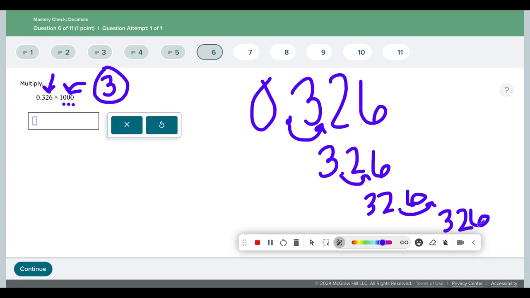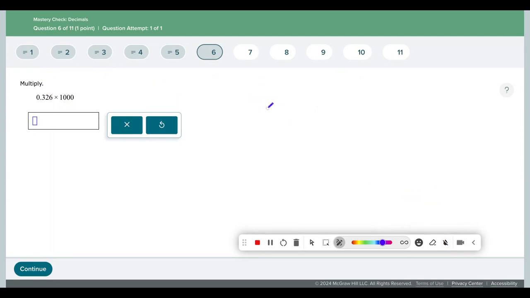Do you notice my number is getting bigger? I had nothing on my whole number side, then I had a 3, then 32, now I have 326. So moving it to the right definitely makes my number bigger overall. That's how I'm checking to make sure I'm going to move my decimal point in the correct direction.